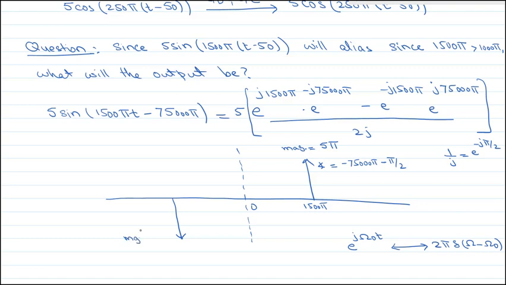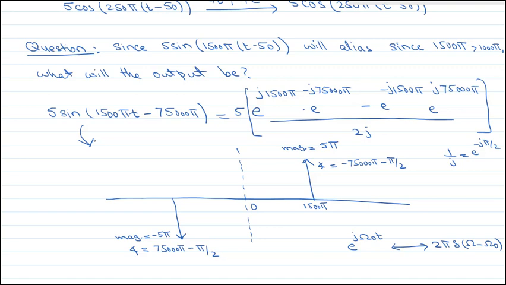I'm still going to call this magnitude, even though I am really talking about just the real valued part. I am including the negative part, so I am really abusing the terminology, but this will be minus 5 pi because of this negative sign, and the phase is equal to 75,000 pi minus pi by 2. Okay. This is the Fourier transform of this 5 sine 1500 pi t minus 75,000 pi.